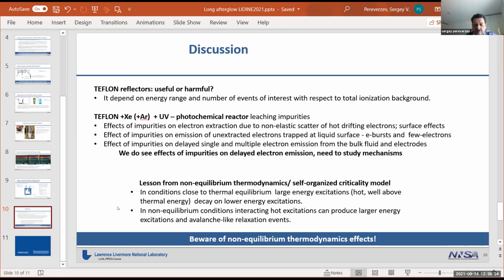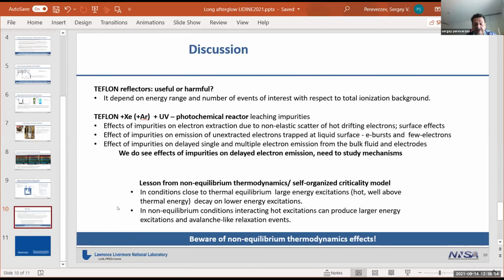Well, I was not studying what you can use as mirrors for UV. Sorry, I cannot answer this question. The spectra of luminescence and phosphorescence of Teflon were studied at low temperatures, and people found that yes, there is a delayed luminescence of Teflon, but it is gone if you anneal Teflon in vacuum.